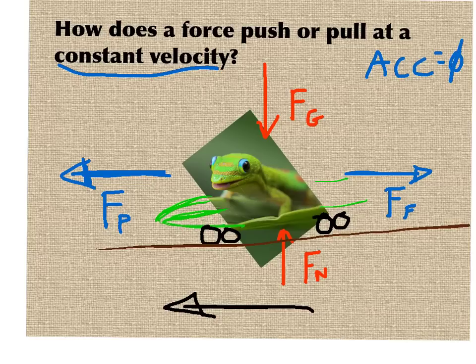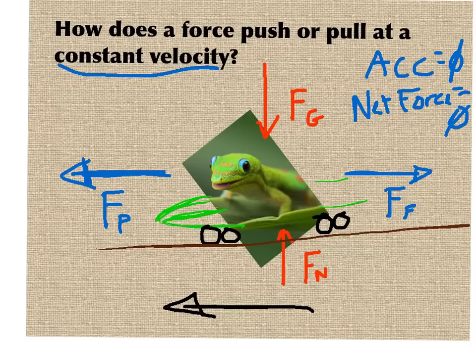And if acceleration is 0, then the forces are all equal. The net force once again equals 0. So whether it's moving or not, if there's a constant velocity, the net force is equal to 0. Remember that, please. If we're moving or not, if velocity is constant, the net force is 0.